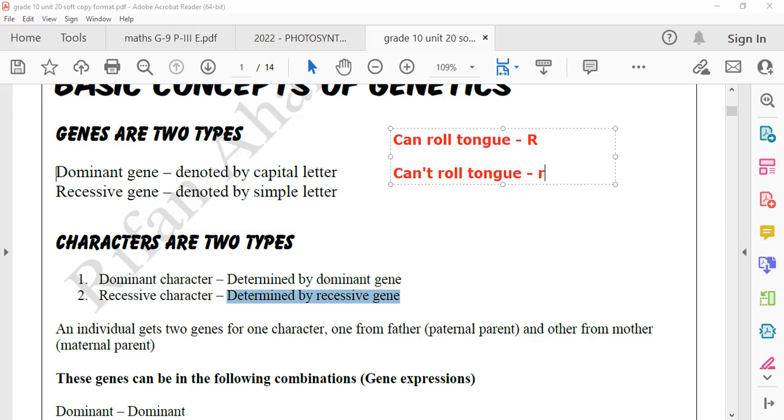Understood? Can roll tongue is the dominant character. To tell the dominant gene, R is representing the gene. Small r is also representing the gene. So if you choose capital R for can roll tongue, then the recessive character should be written with the same letter in small form. Clear?